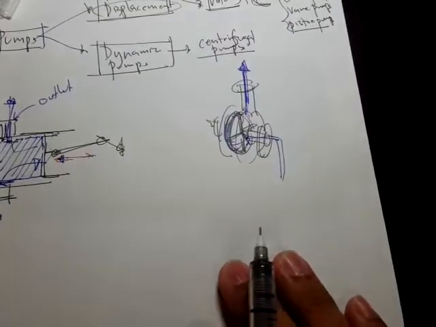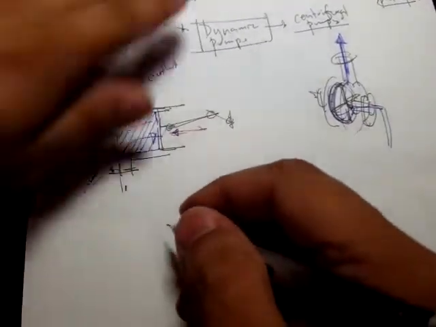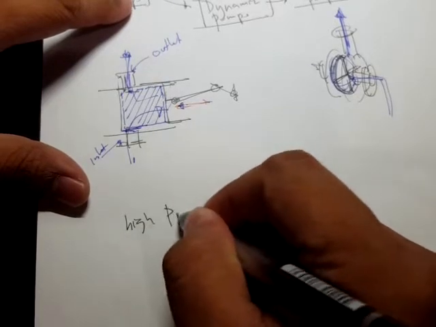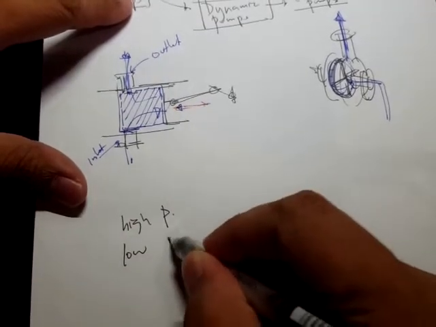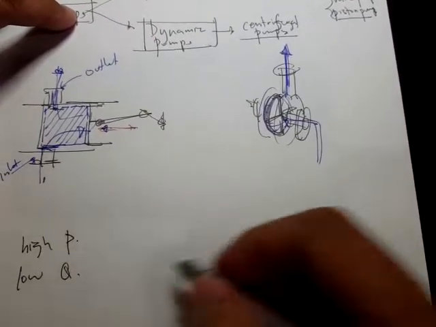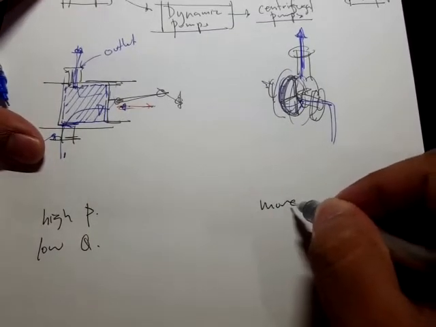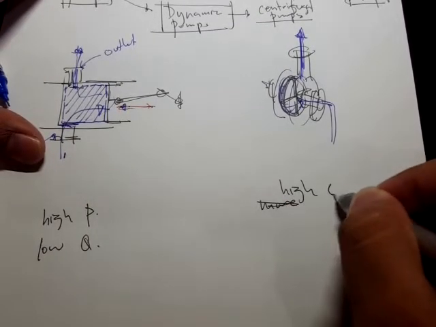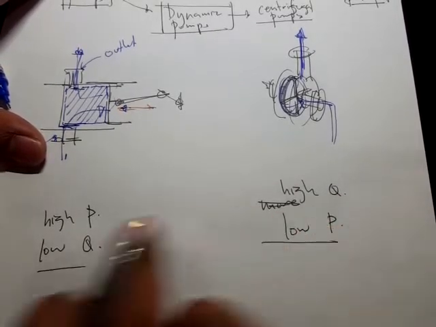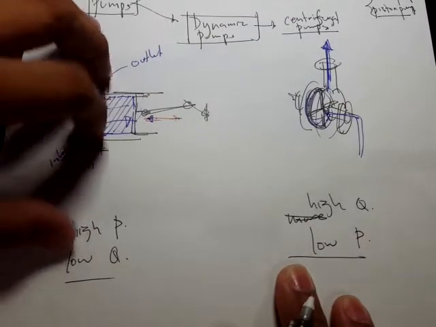The characteristic of positive displacement pumps is that usually they have high pressure but low flow rate. Whereas dynamic pumps have high flow rate but lower pressure, of course, as compared to positive displacement pumps.